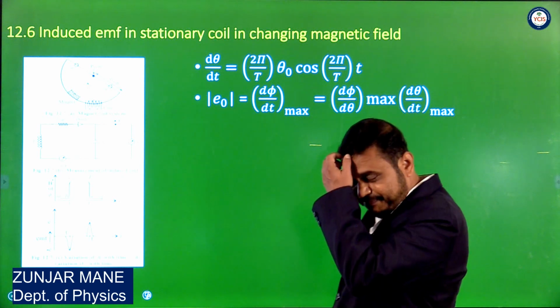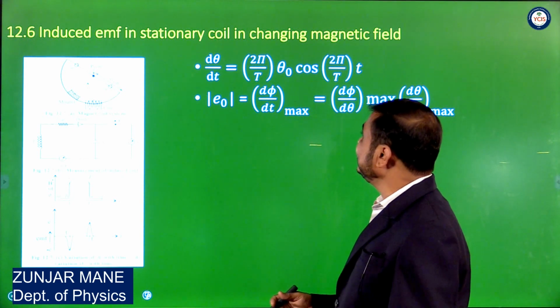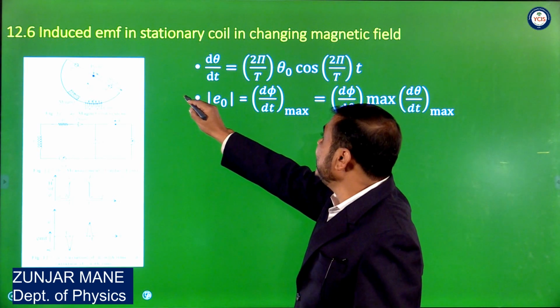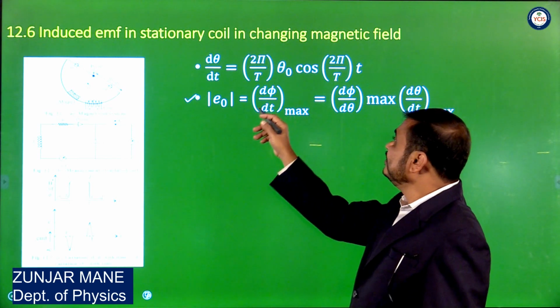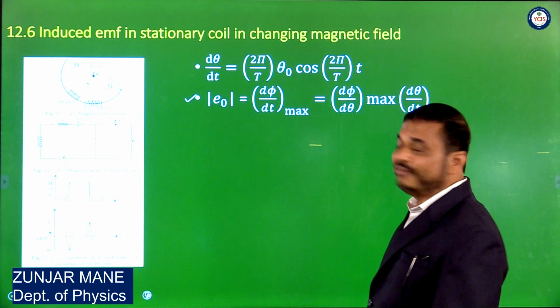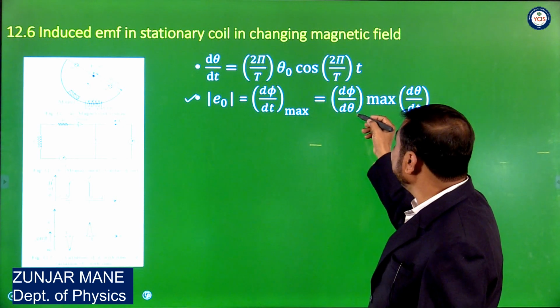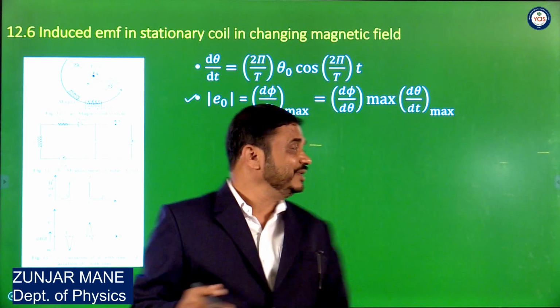Now the peak value is a maximum when dθ/dt, that is dφ/dt, is a maximum. So we have the magnitude of E0 equal to (dφ/dt) max, which is equal to (dφ/dθ) maximum into (dθ/dt) maximum.